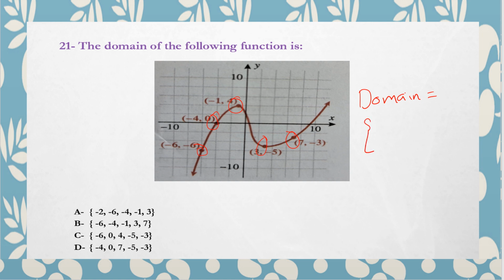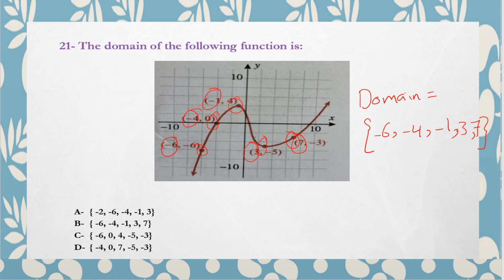equals, from this graph, only the first values of the points, which are minus 6, minus 4, minus 1, 3, and 7.